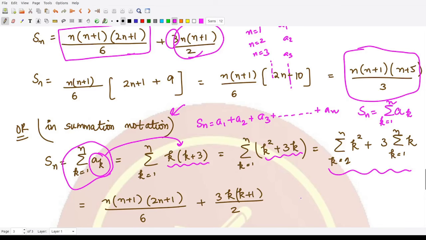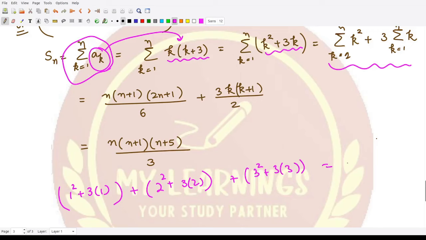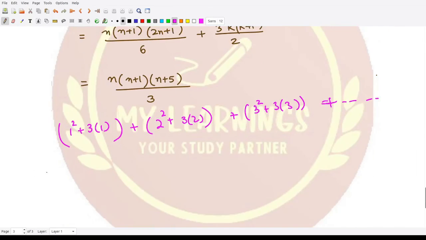Why? Because when you substitute 1 here, it would be 1 square plus 3 into 1, right? When you substitute 2 here, it would be this term. When you substitute 3 here, it would be this term and so on. So you can collect the like terms together, right? The last term would be this.